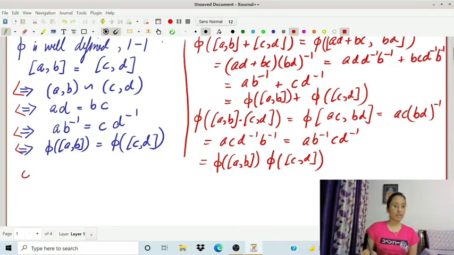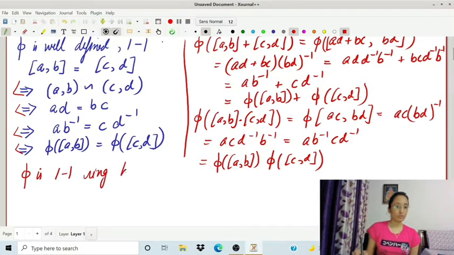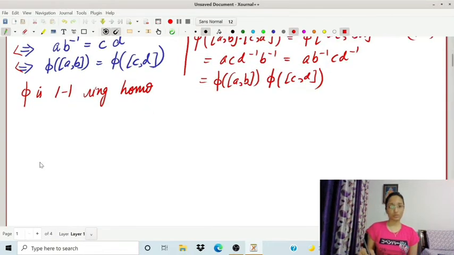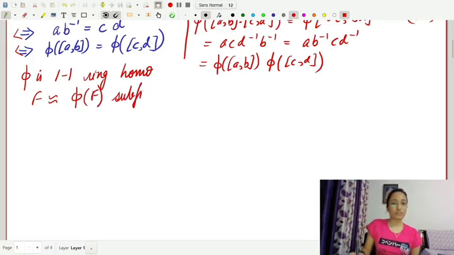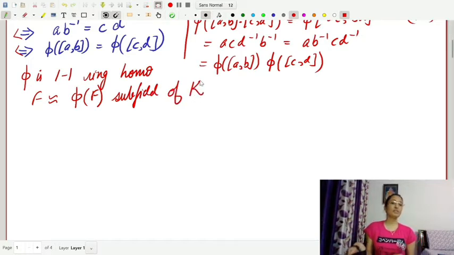Hence phi is a 1-1 ring homomorphism, which implies that F will be isomorphic to phi of F, which is a subfield of K, and hence a quotient field is the smallest field containing the integral domain D.